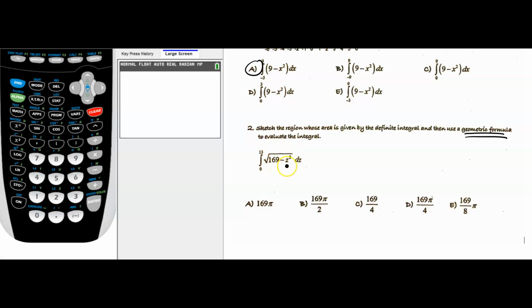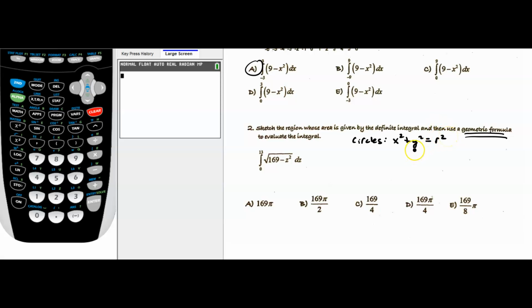And at first, when you look at this, you might not realize that that is a geometric shape that you're familiar with. But I'm going to remind you here that this is what the setup for a semicircle would be. Remember, circles are always set up as x squared plus y squared is equal to some radius squared.